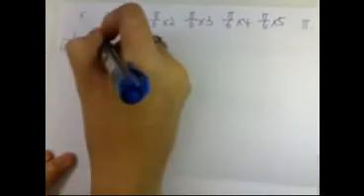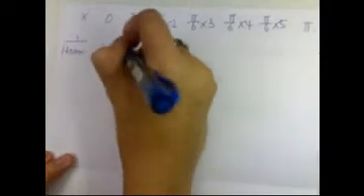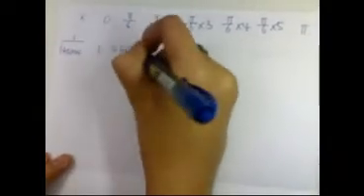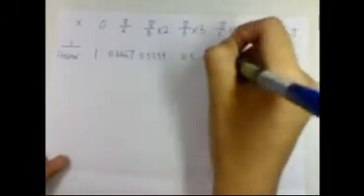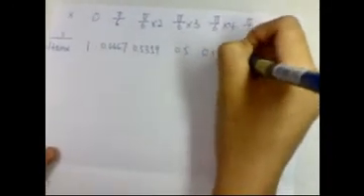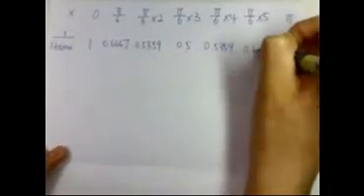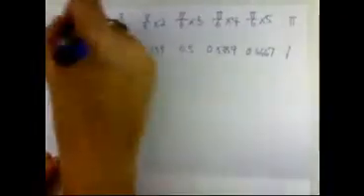Now we sub the values in, and after calculation you will get all this: 1, 0.6667, 0.5359, 0.5, 0.5359, 0.6667, and 1. From here we can just use Simpson's rule.